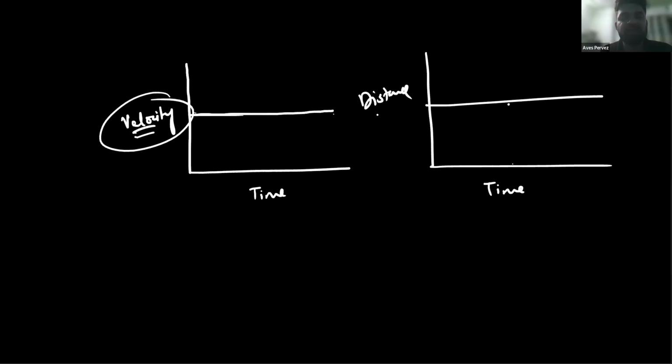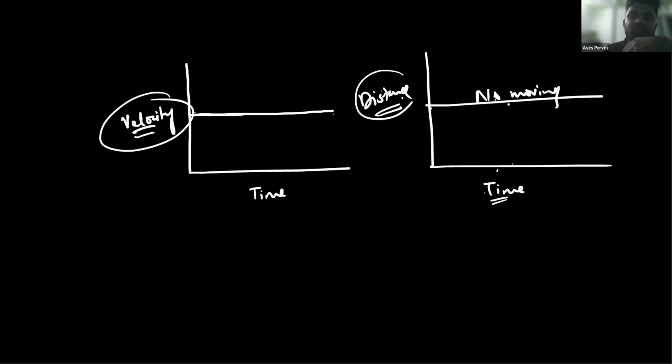In a distance time graph, if the line is parallel to the time axis, then tell me, it is not moving. And here, in a velocity time graph, if it is parallel to the time axis, then it is constant. Not moving means distance is constant.